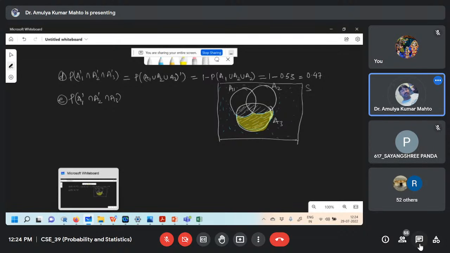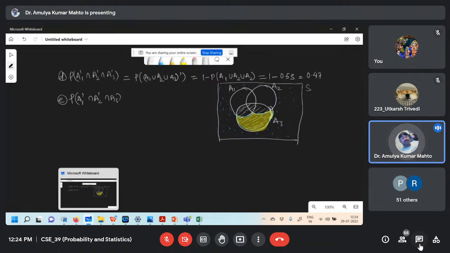Got it? Yes, sir. So what we can write, you can see that we can write this part. We actually need this part. So this can be obtained by, suppose I am taking the whole minus this, and this is being counted twice.